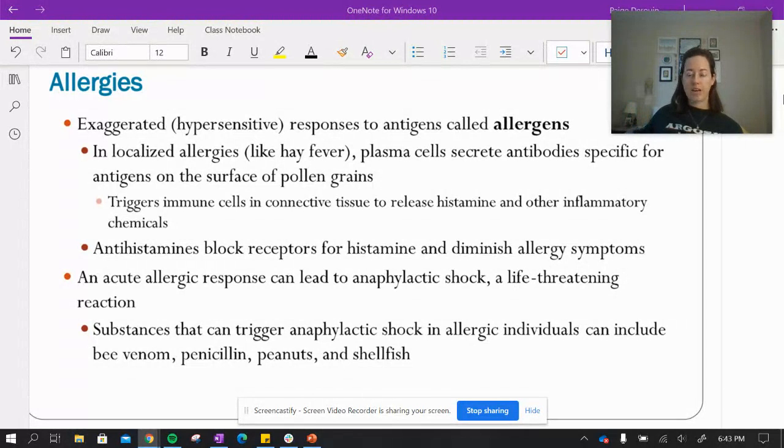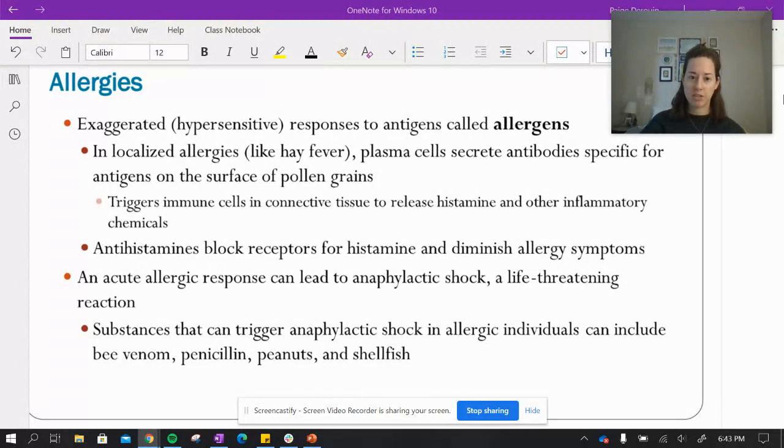And what happens then is your plasma cells, which are types of B cells, secrete antibodies that are specific for antigens on pollen grains, which is why you might have a more severe reaction to certain types of pollens than others. Some people have really bad reactions to ragweed or grass, but not as bad reactions to tree pollen. So that's why, because it's specific to the antigens on the pollen grains.